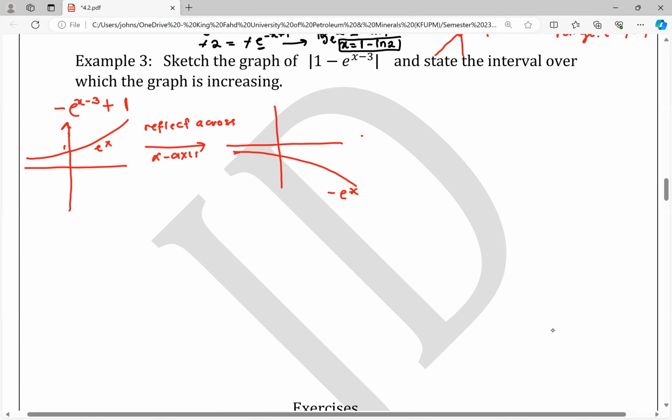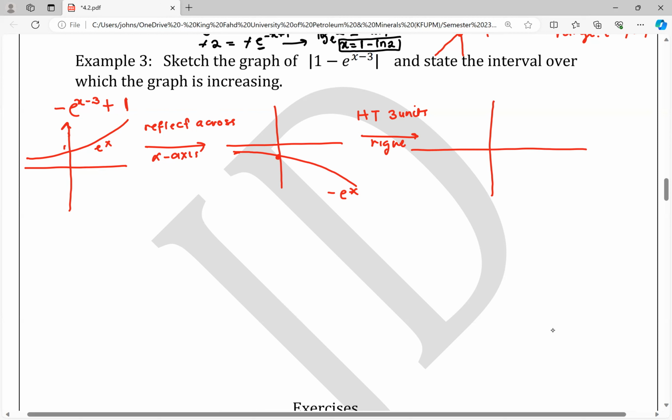Then the next one is we do a horizontal translation, 3 units right. So what that means is that this point here, we have to take it to the right. And how do we take it to the right? It means it's going to move. So instead of 0, minus 1, it's going to be here.